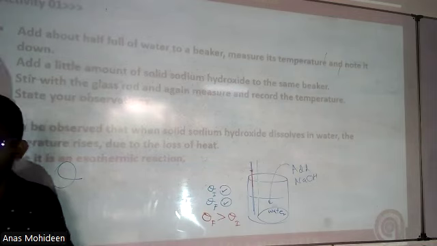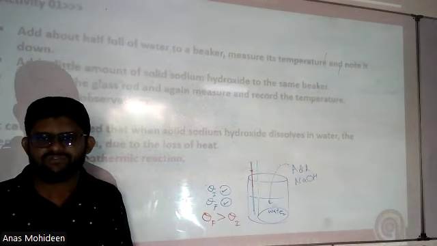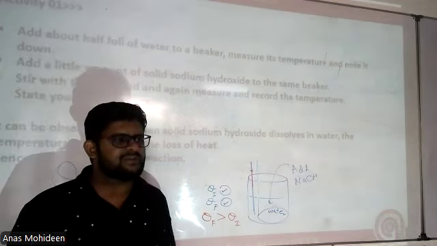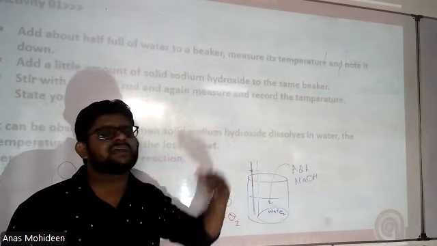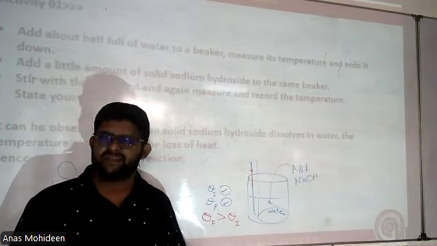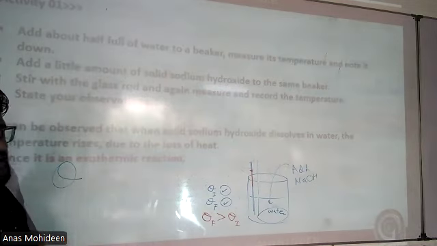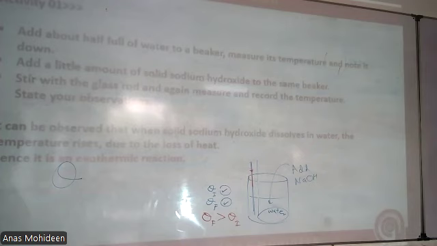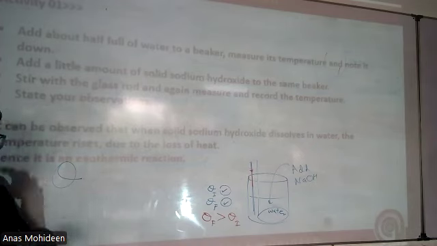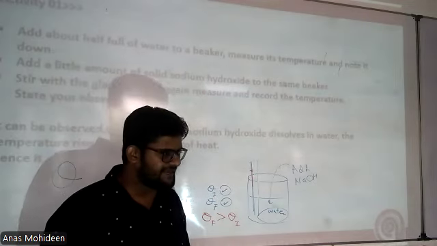That means temperature has risen. If there is an increase in temperature during a reaction, what type of reaction is it? Exothermic reaction. So adding sodium hydroxide to water is an exothermic reaction.